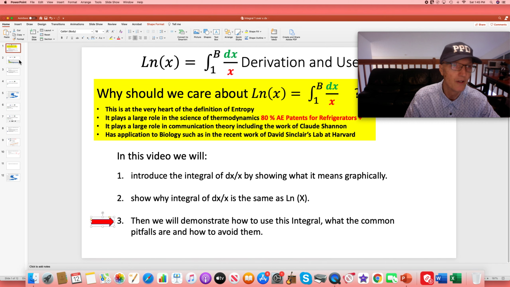So x, you can see, is the numbers on the horizontal axis, and 1 over x is the measurement on the vertical axis, how high up it is. You notice that at x equals 1, 1 over 1 is equal to 1, and you look up on the vertical axis and see that at the number 1 on x, 1 over x is equal to 1, just as we'd expect.